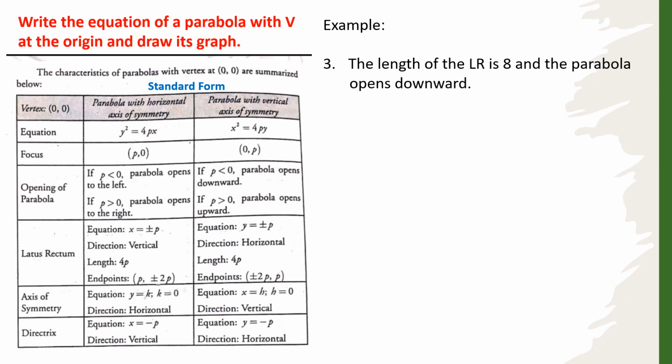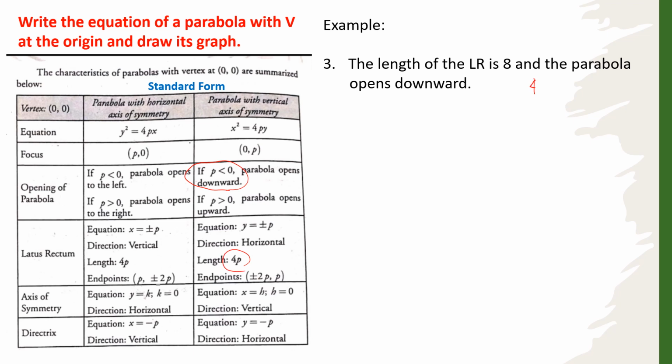Example number 3. The length of the latus rectum is 8 and the parabola opens downward. So ito yun. Meaning, the value of p is less than 0. Another given is the length of the latus rectum. It so happens that the length of a latus rectum is equivalent to 4p.